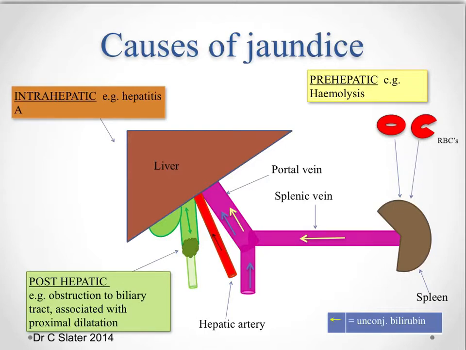A third anatomical cause is referred to as being posthepatic. In this case, the obstruction occurs to the biliary system. For example, a tumor arising in the bile duct system.